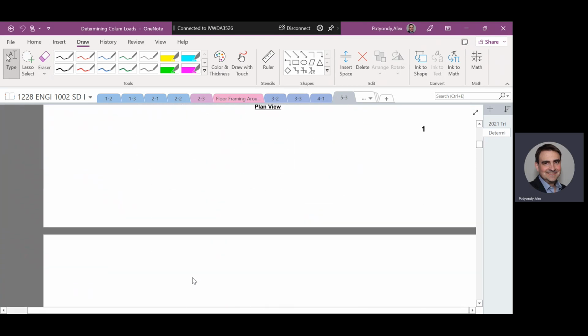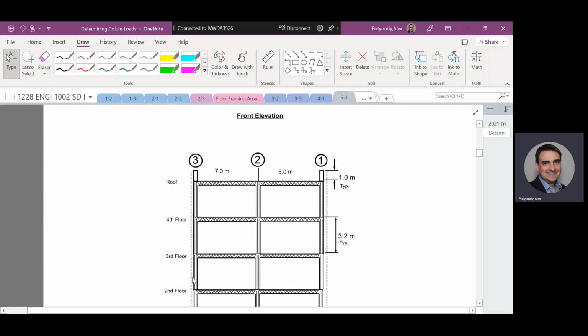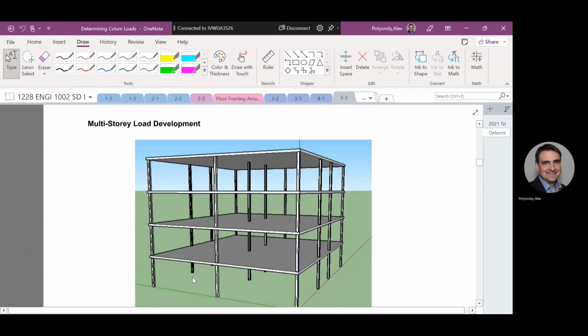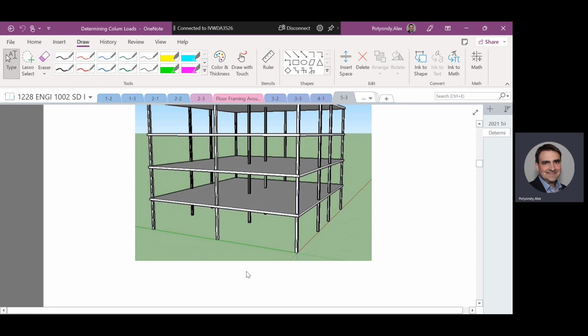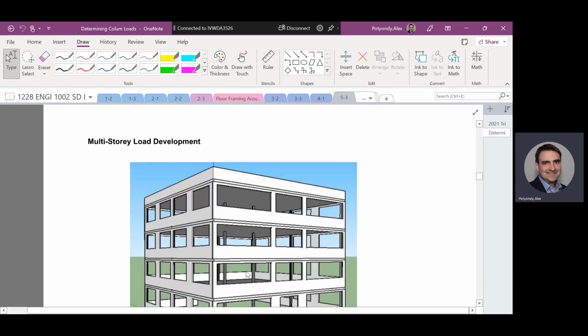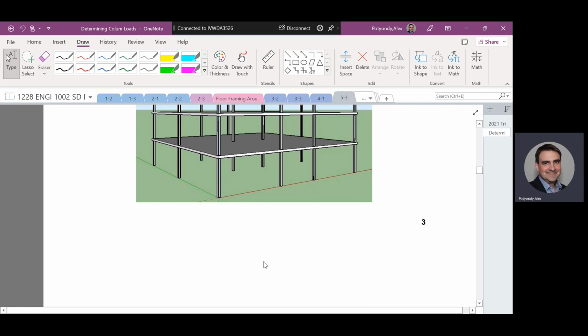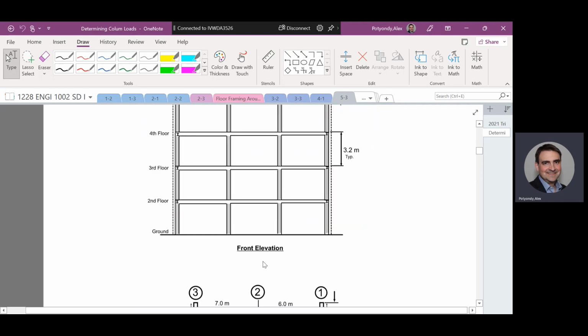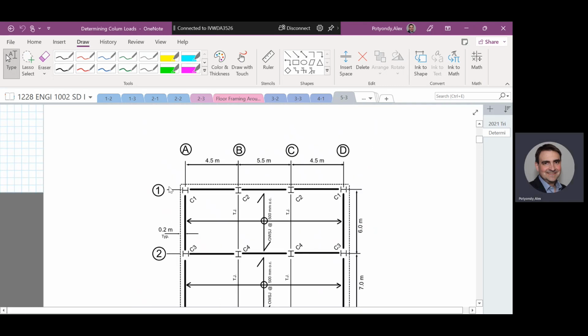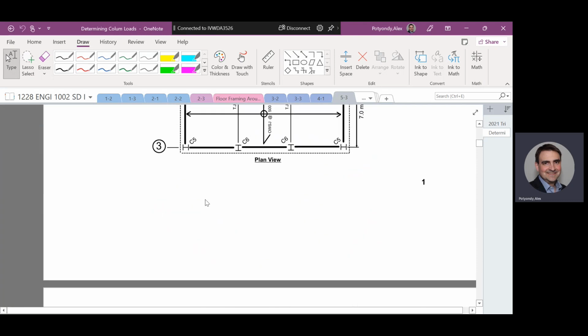So let's get a quick view of the building here. And I got some elevations, sections. Here's a 3D view with the walls stripped. So we got an idea of that. And this is with the walls. Okay. And so looking at the floor plan, we are laid out grids A to D and 1 to 3.